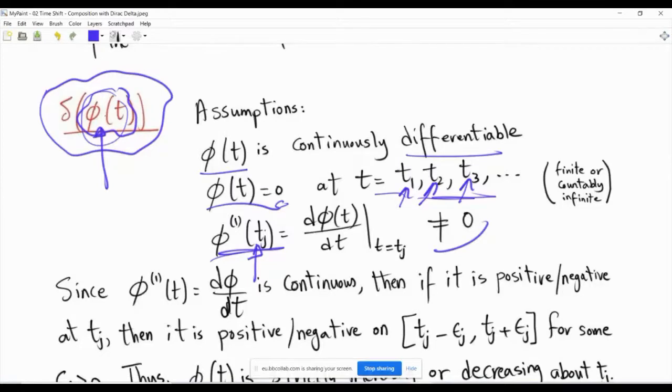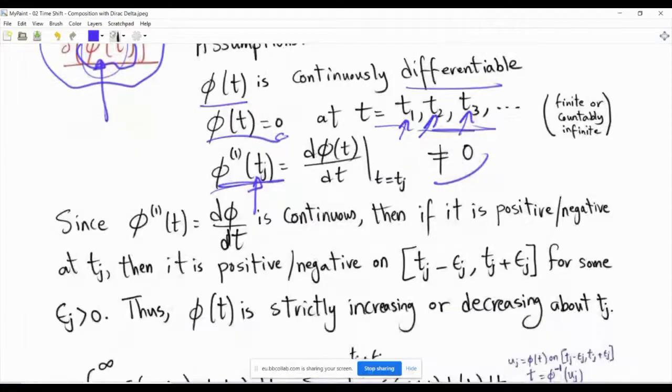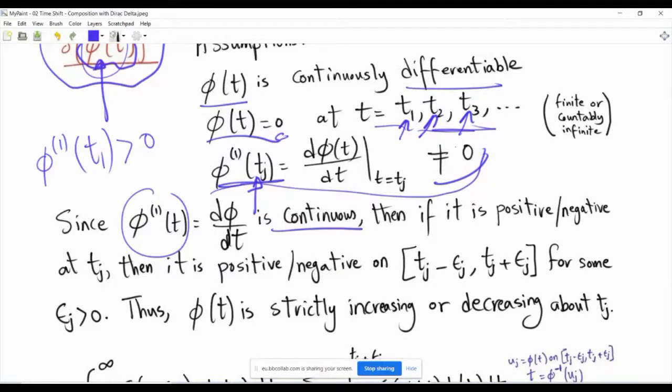So what is the benefit of something like this? Why this assumption? Okay. If the first derivative is a continuous function, and if the first derivative evaluated at some point is strictly positive, so suppose that the first derivative at t1 is strictly positive. According to our requirement, it should be strictly positive or strictly negative. Let's say that it is strictly positive. The first derivative is a function that is continuous.